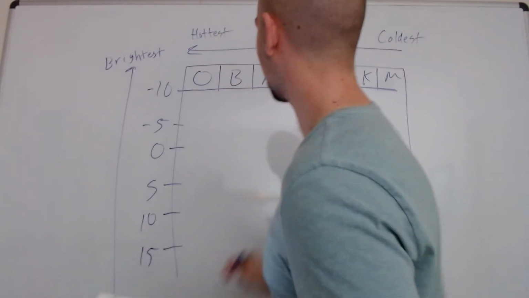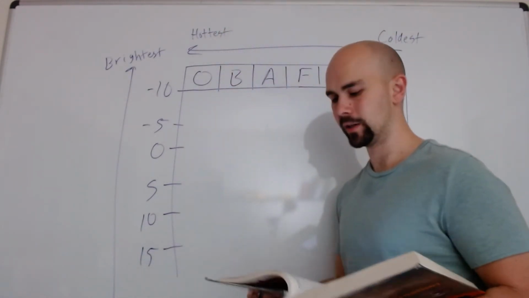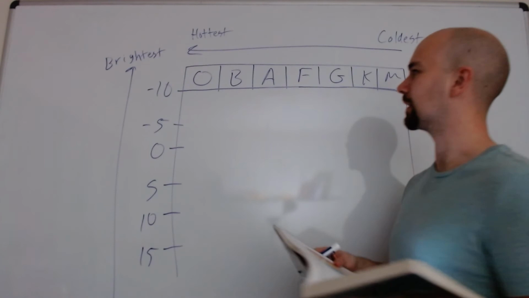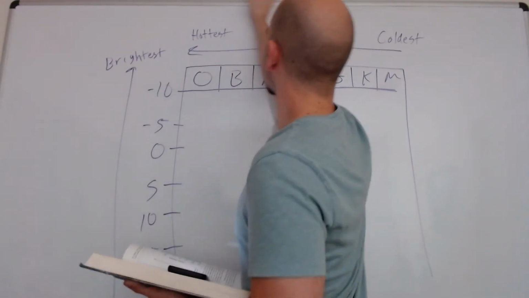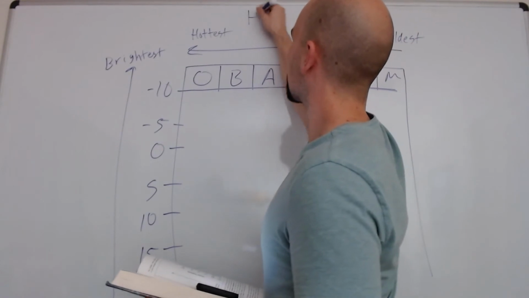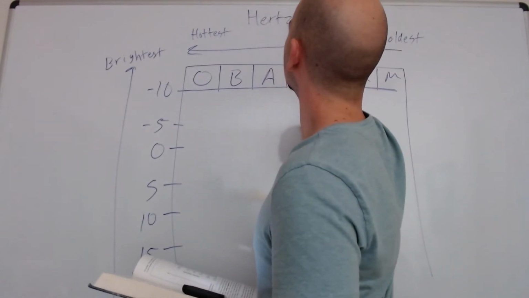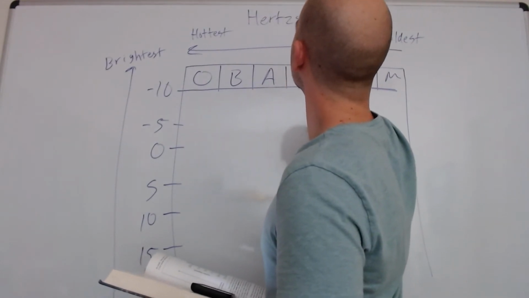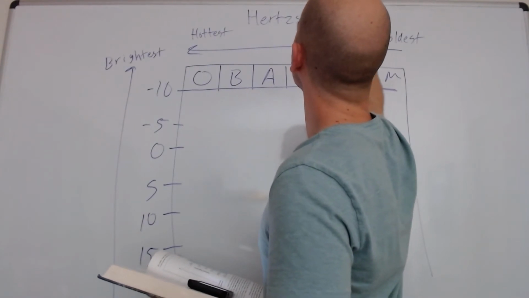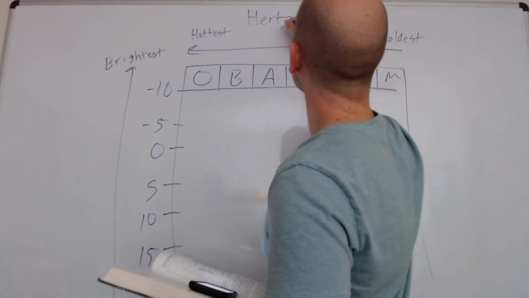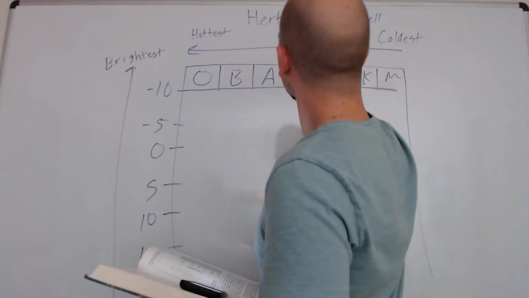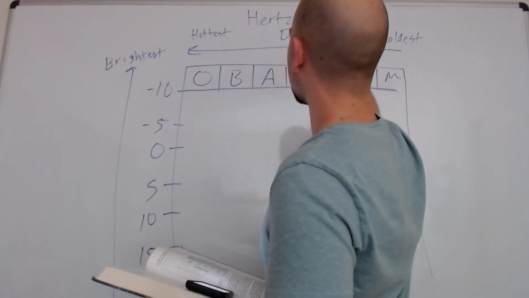So this diagram is a chart where they've just charted a whole bunch of different stars and classified them. It's got an interesting name. It's called the Hertzsprung-Russell diagram. They also call it just the HR diagram.